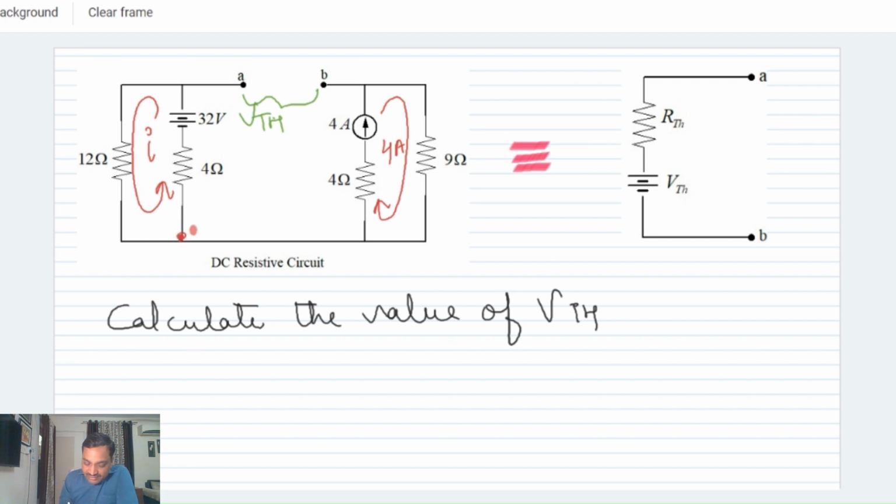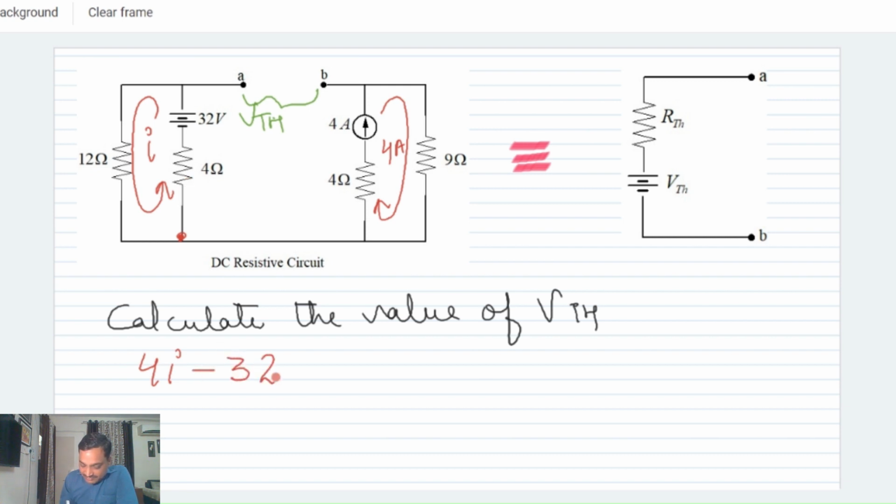For determining the value, I am starting to apply the KVL in this mesh from this point. While applying the KVL in this mesh, first we will have a drop of 4 into I across this 4 ohm resistor.